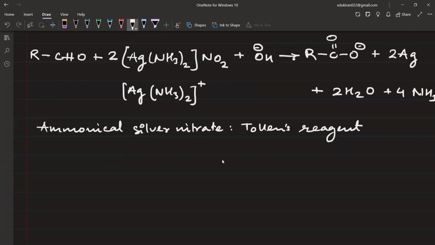Now Ag, this is silver in color. So actually see what happens. Please write.